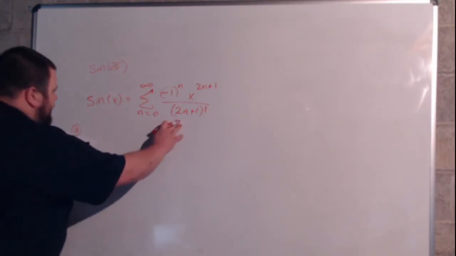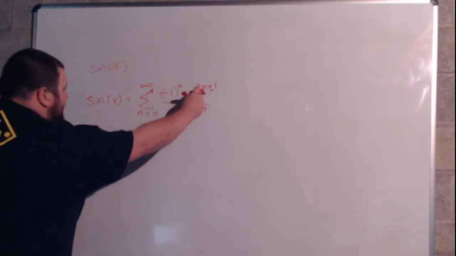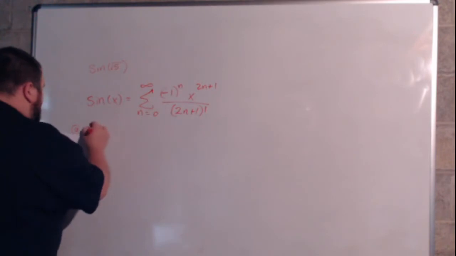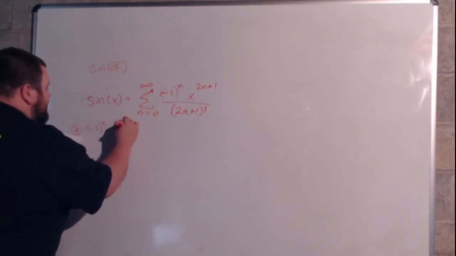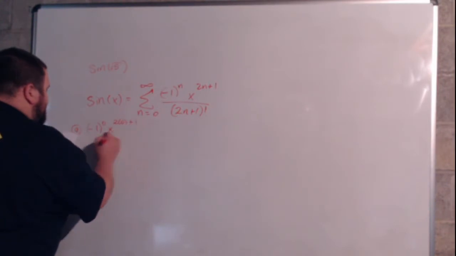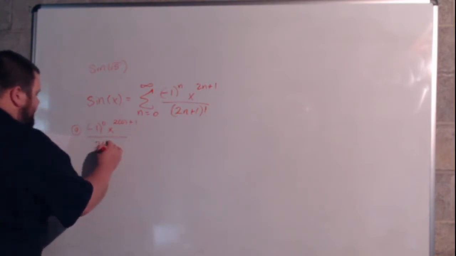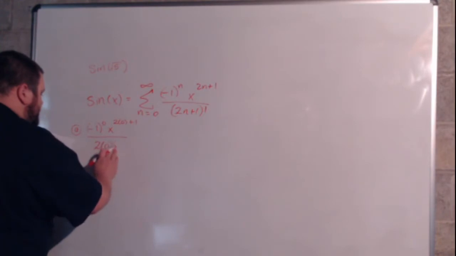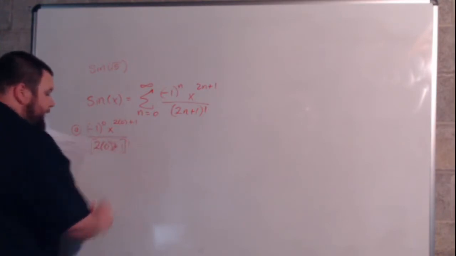So the first term, we're going to plug in 0 for all the n's. So -1 to the 0, x to the 2 times 0 plus 1, over 2 times 0 plus 1 factorial.